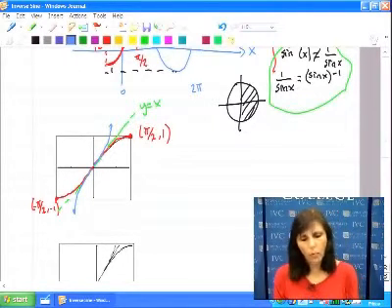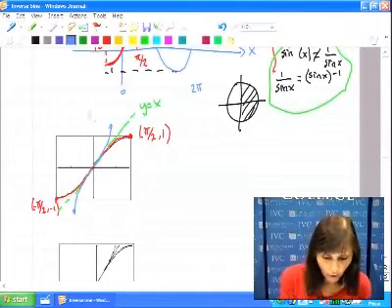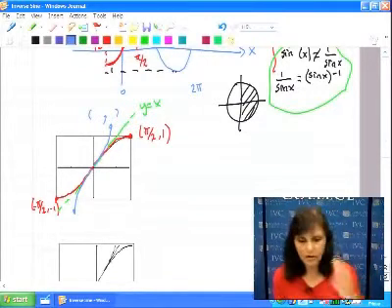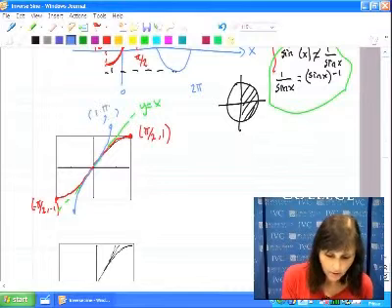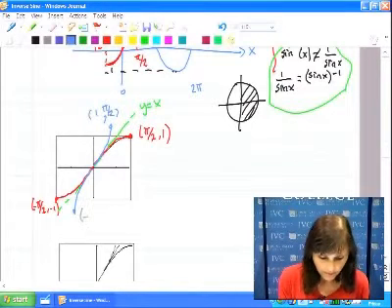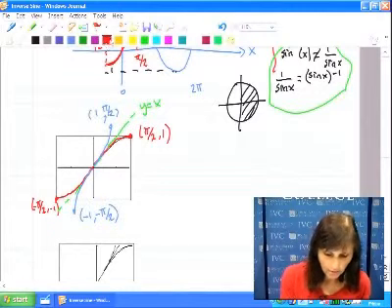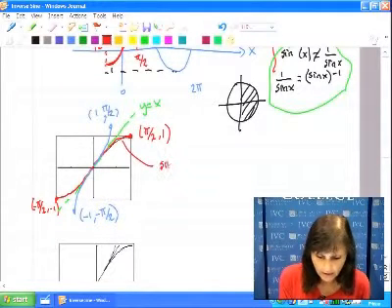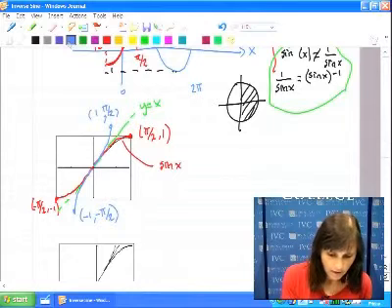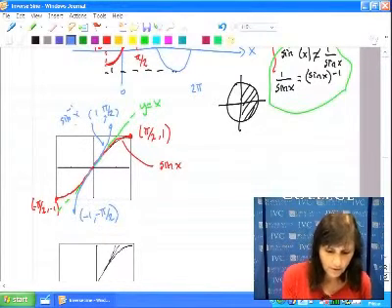What will happen to the coordinates? The coordinates are going to switch around. 1, pi over 2. Negative 1, negative pi over 2. Let's summarize. This is sine x. This is sine inverse of x.